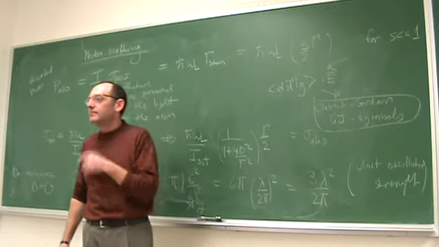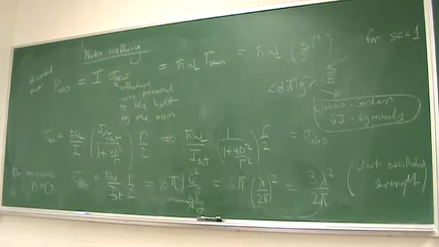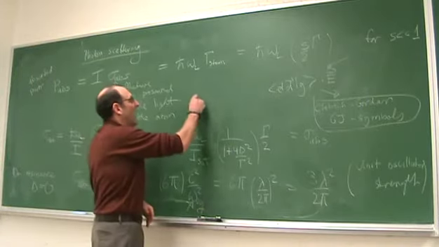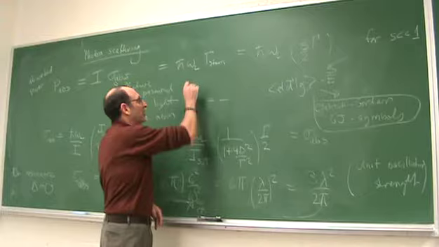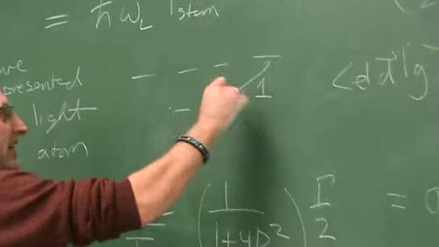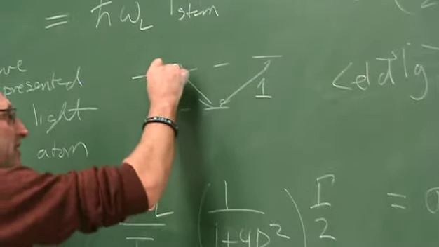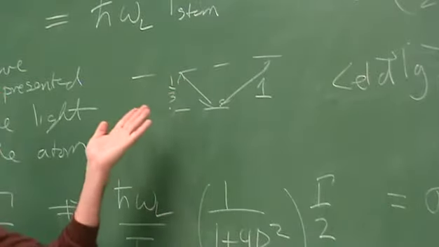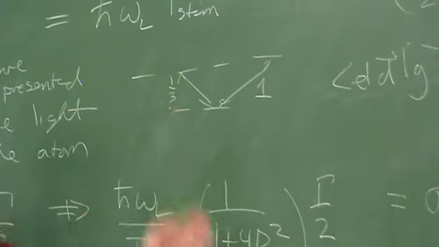Especially as a 1, you just have a different constant. That's right. If I had a multi-level atom, and the square of this Clebsch-Gordan coefficient is 1/3, then the cross-section is just 1/3 as big.